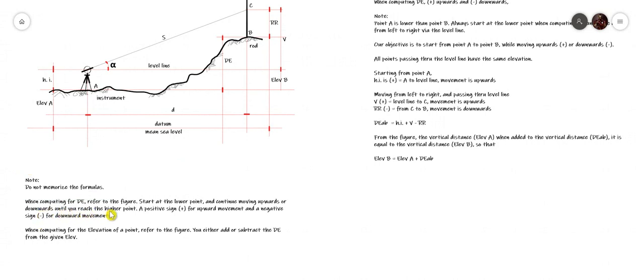When computing for DE, refer to the figure. Start at the lower point, and continue moving upwards or downwards until you reach the higher point. A positive sign is used for upward movement and a negative sign is used for downward movement. When computing for the elevation of a point, refer to the figure. You either add or subtract the DE from the given elevation.